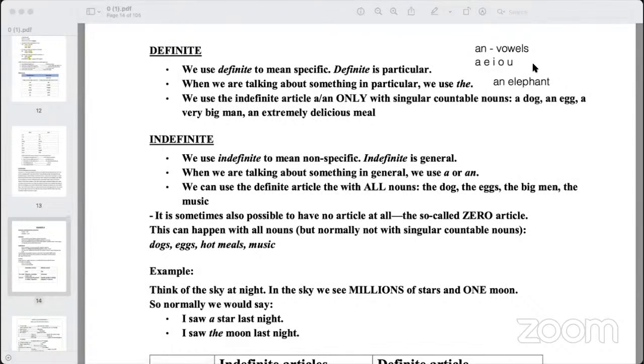General could be if you're just talking about maybe a birthday party that's coming up. So we have a birthday party soon coming up, you would use the word a. You won't say we have the birthday party coming up, so it will be a.